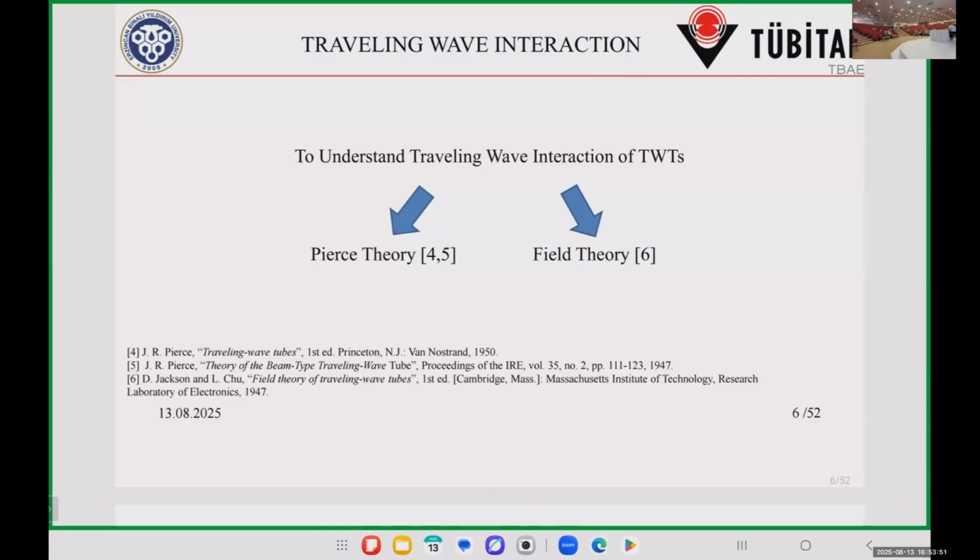So we discuss Pierce theory here, but improved theories based upon a more complete electromagnetic analysis of Maxwell equations in the helix have also been developed by Chu and Jackson. Reference number 6. You can check it. This is more complex than Pierce theory, but Pierce theory is a simplified one, we can say.